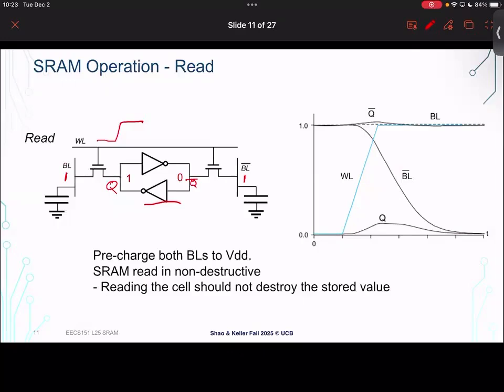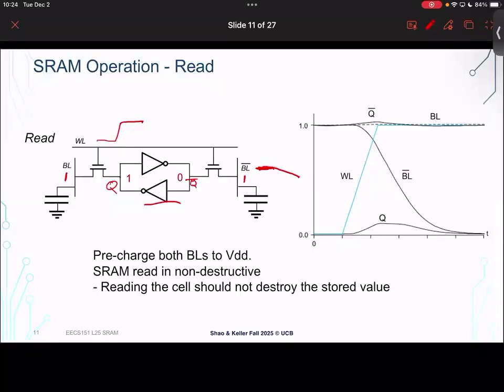And so what's going to happen, these bit lines are very long, right? There's a huge capacitance of these many, many hundreds of transistors sitting on this bit line, as well as this very long wire. And so this bit line is going to start to decrease, but very slowly. You can see that in the timing diagram here.